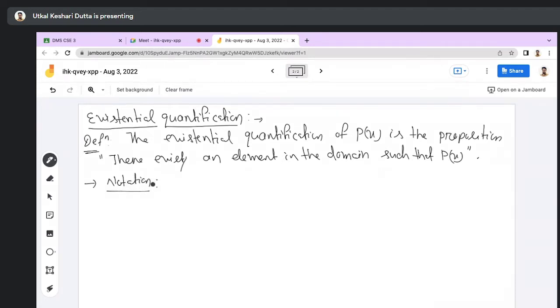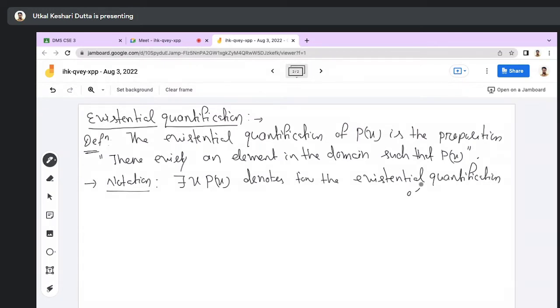The notation for existential quantification: there exists x P of x. This denotes the existential quantification of the given predicate P of x. Here, what is this?